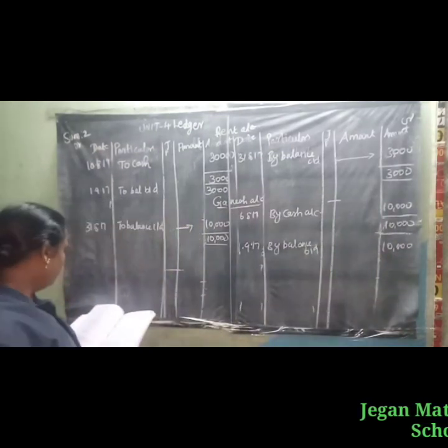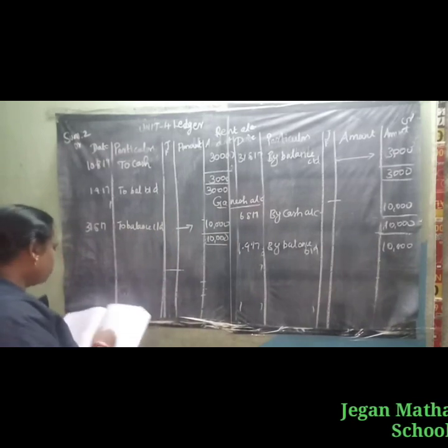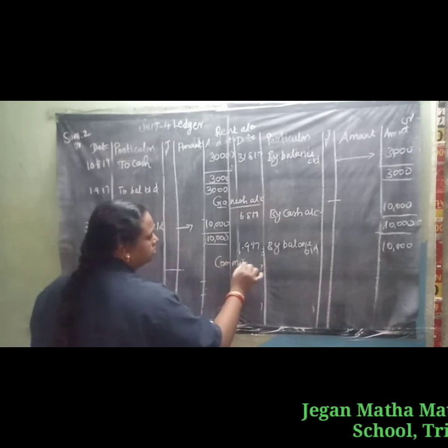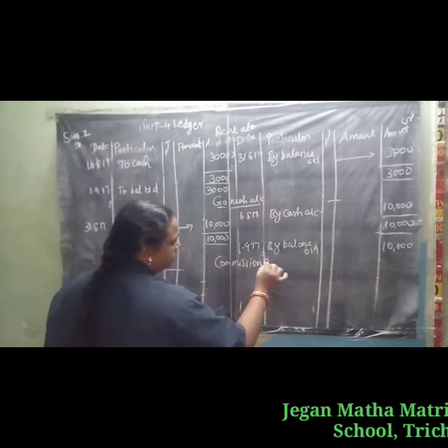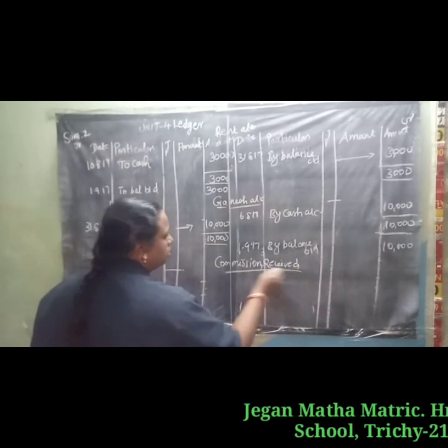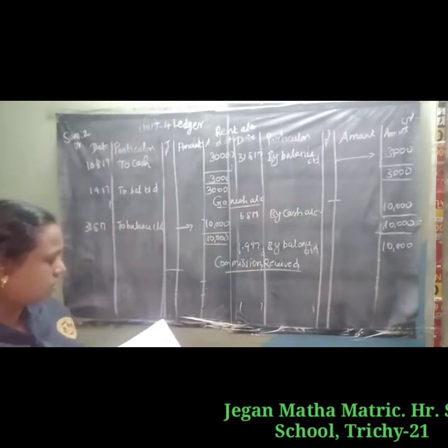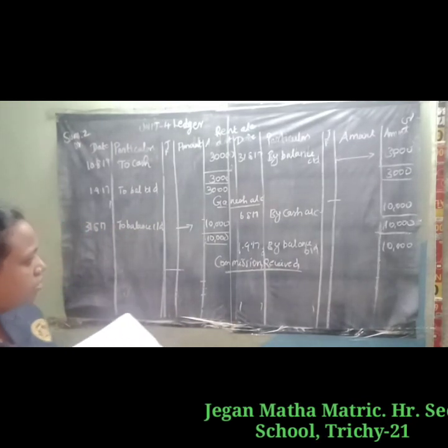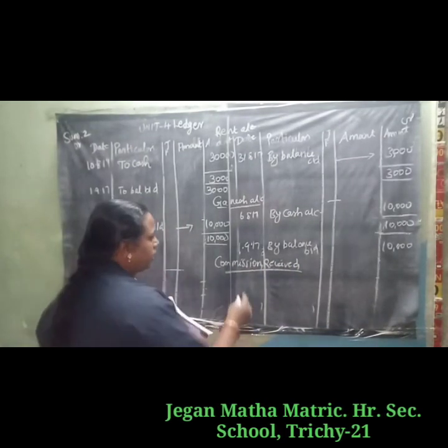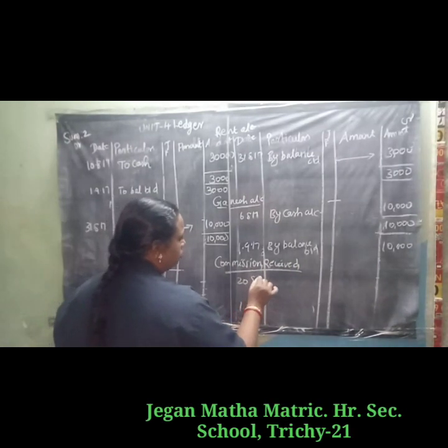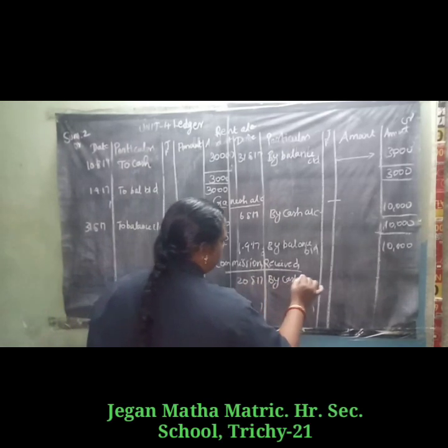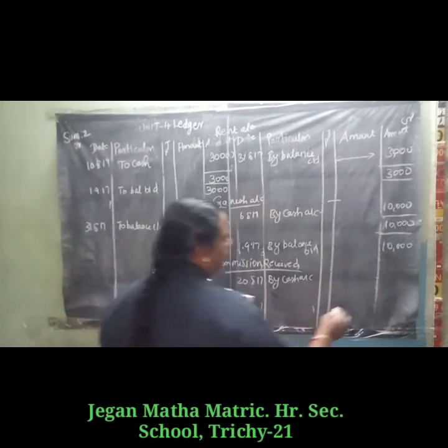Next, the last account, the commission received account. Cash is received from Anand, commission received, cash account to commission received. Come to the credit side, date 20/8/2017, by cash account 5,000.